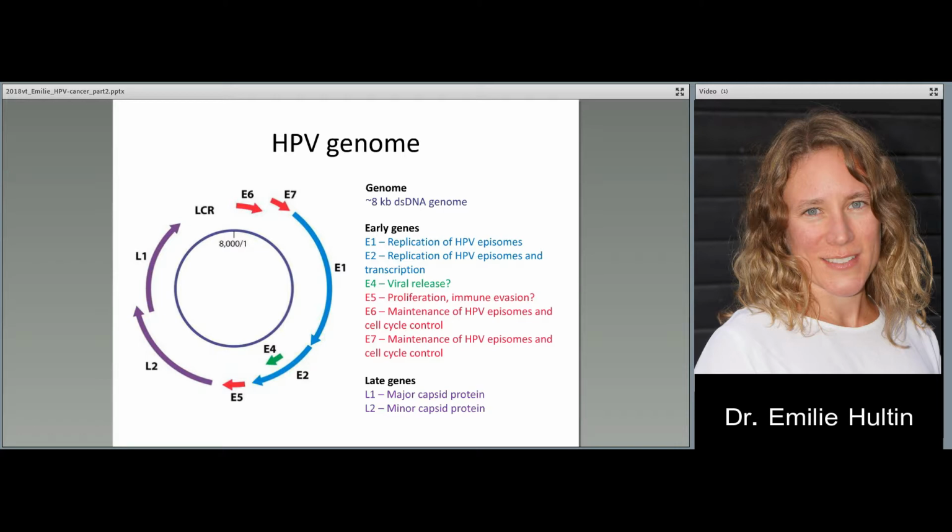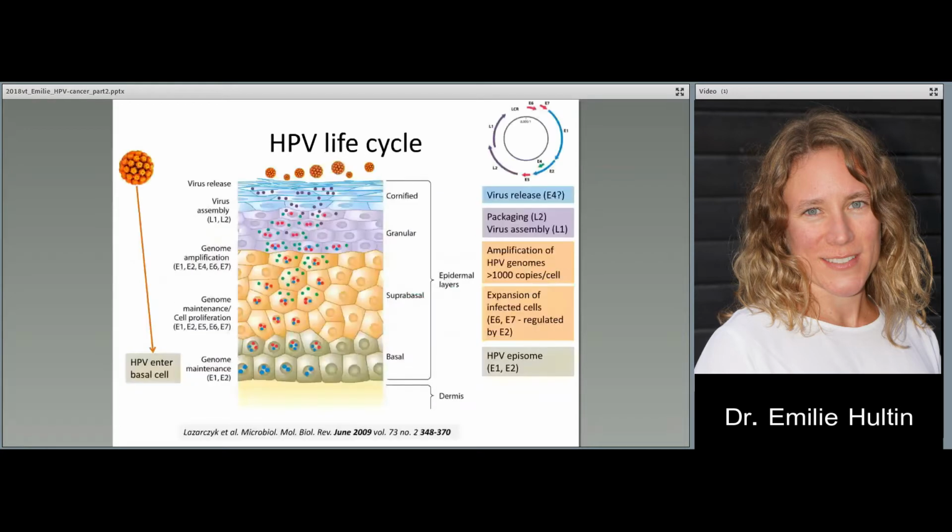And then we have E5, which is involved in cell proliferation and maybe also immune evasion. E6 and E7 are involved in the maintenance of HPV episomes and the cell cycle control. And then the late onset genes, L1 and L2, code for the capsid proteins.